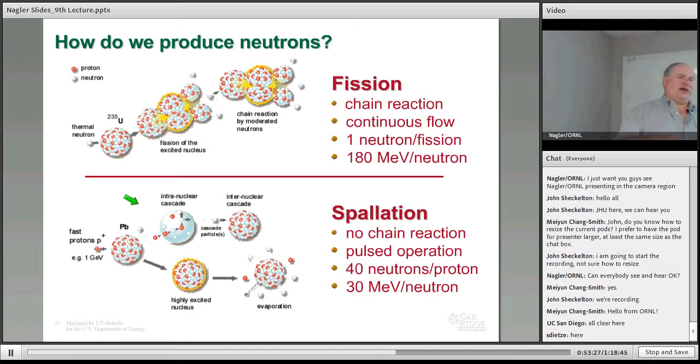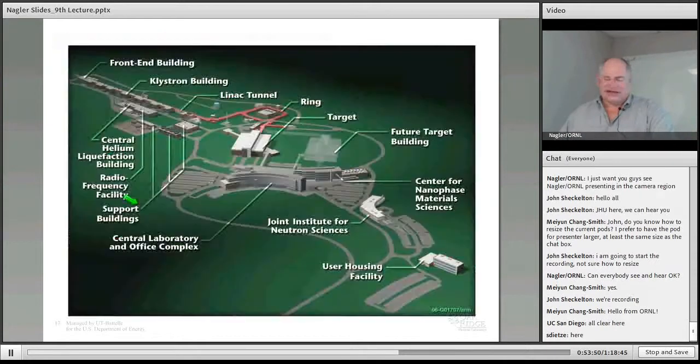The nuclei can emit energetic particles that cause further excitation of other nuclei nearby, but at the end, it turns out for each one of these protons, you make tens of neutrons. And these tens of neutrons are now coming out in 4 pi directions, and they have quite an energetic spectrum, in the range of mega electron volts.